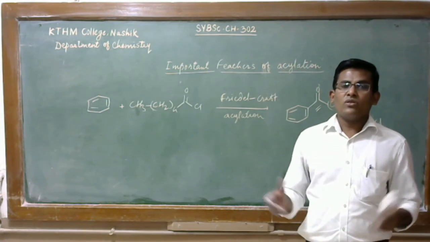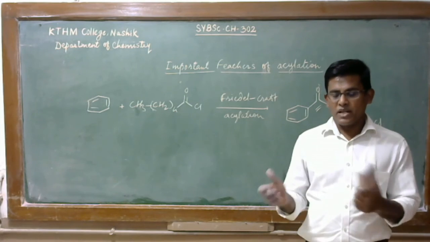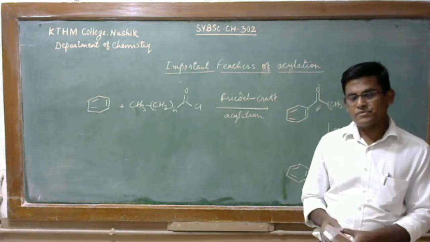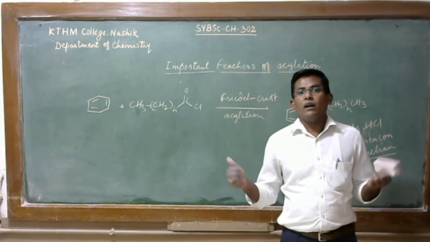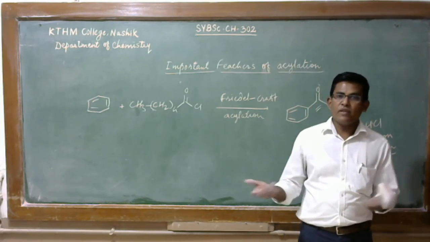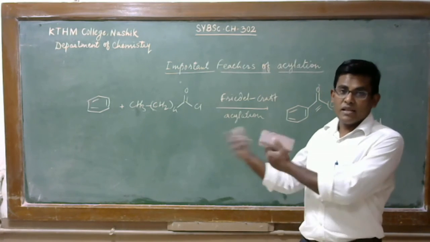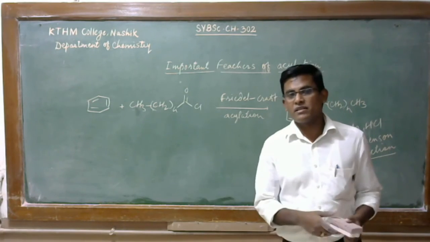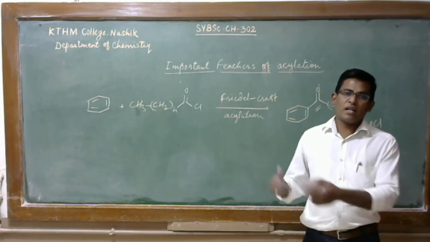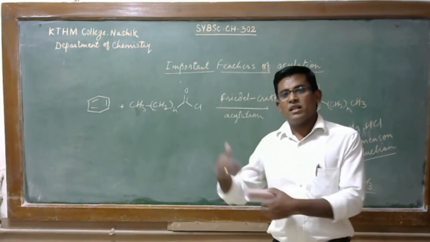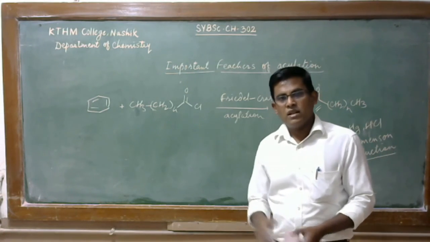In the Friedel-Crafts alkylation, when we introduce the methyl group into the benzene ring, that ring gets activated, and because of that activation, further polyalkylation will occur.